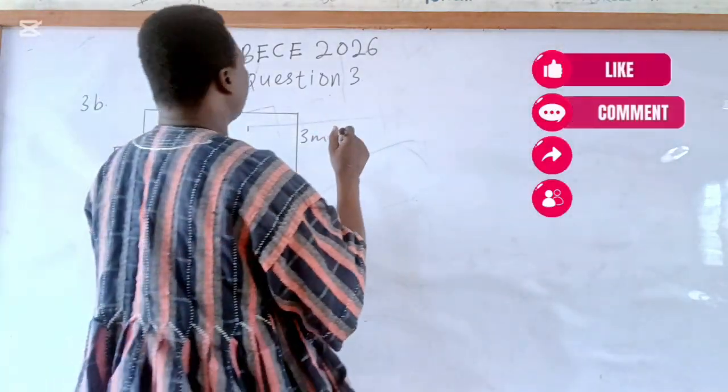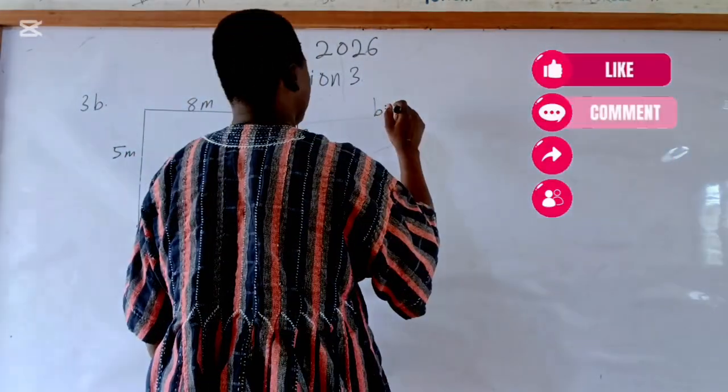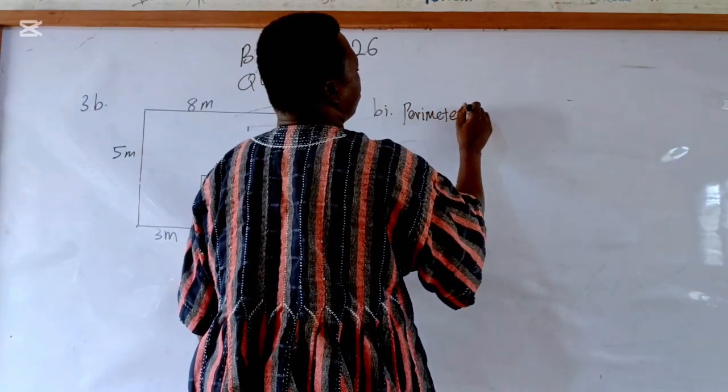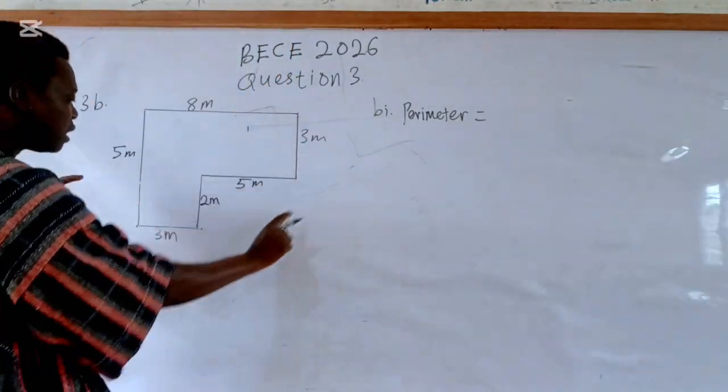So perimeter, that's BR. Perimeter will be equal to the distances around the figure.